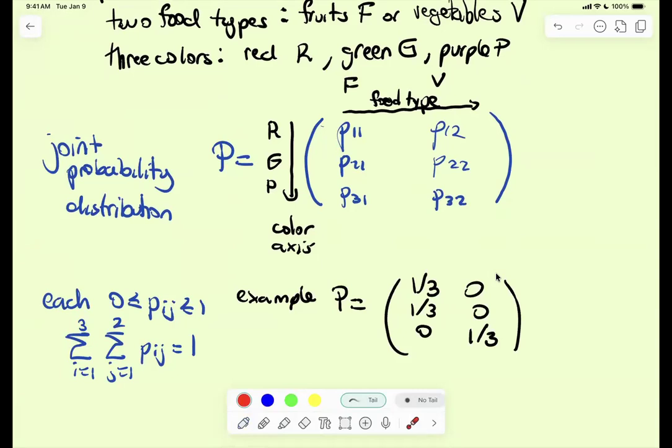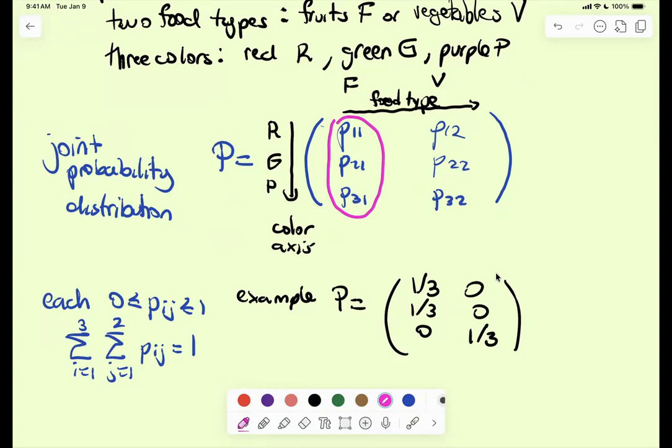Now, the idea is that when we're doing a probability matrix, you can read off information just about each of the features, like the features being either the color or the food type, right? And you can get that by adding the elements along each row or each column. So that's what I was telling you last time. So for example, if you add all these elements, right?